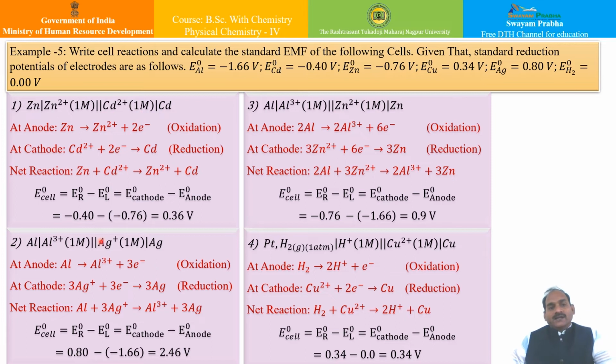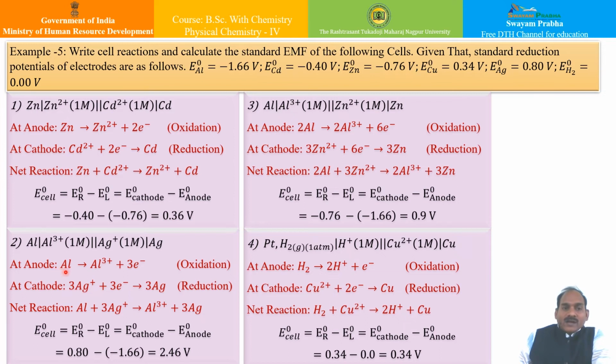Similarly, for the second example, we can take the aluminum electrode and silver electrode combination. Aluminum in aluminum ion solution is connected to a silver electrode in silver ion solution. The concentration of both solutions is 1 molar, because these are standard electrode potentials. The left hand side electrode is the anode, so aluminum acts as the anode, and at the cathode there is a silver electrode.